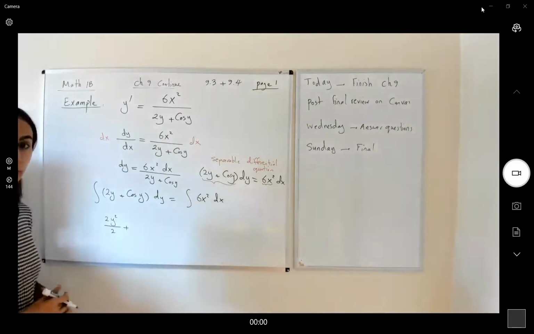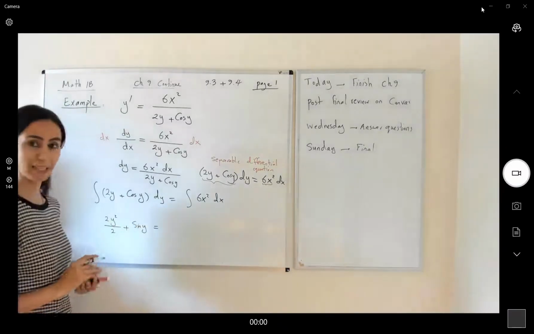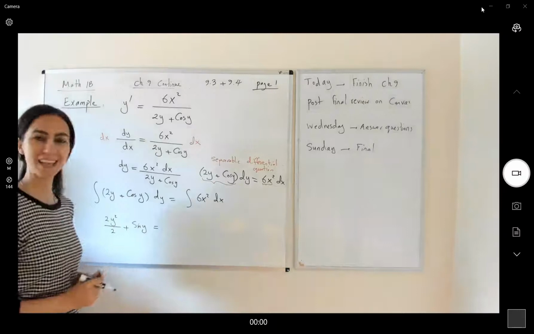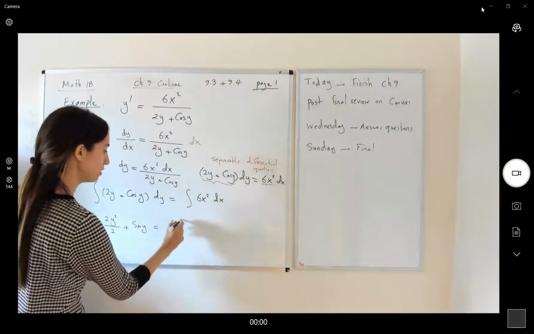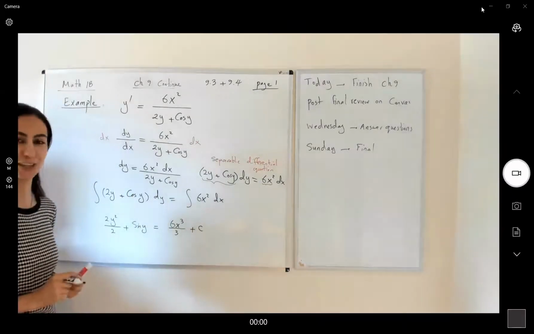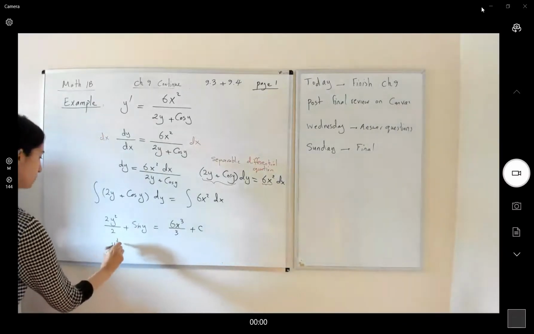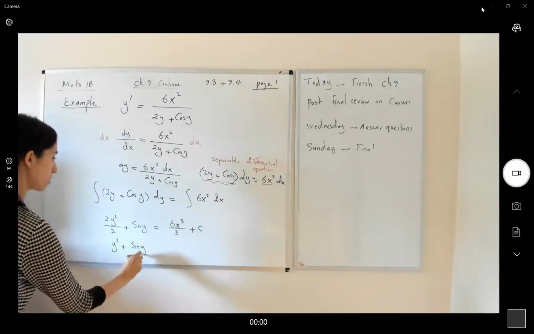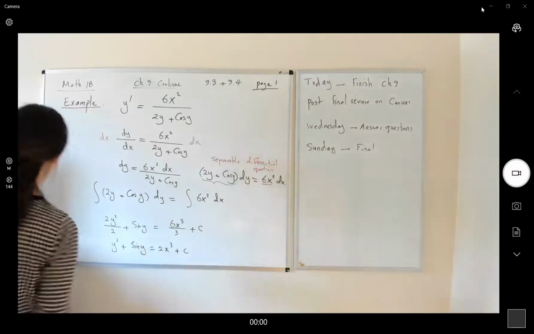The integral of cosine y is sine y. On the right-hand side, the integral of 6x squared is 6x cubed divided by 3 plus constant of integration. So you get y squared plus sine y equals 2x cubed plus c.